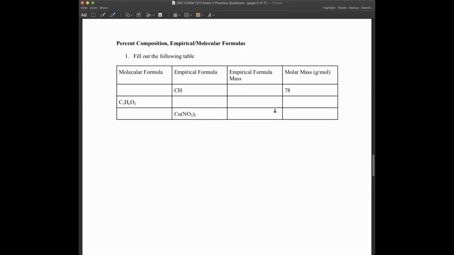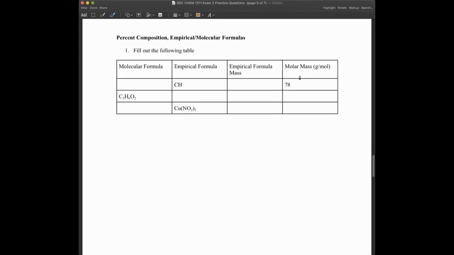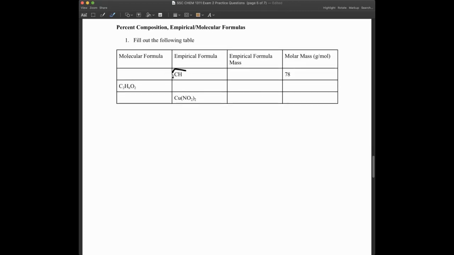So when we find the total grams of the empirical formula, what quantity does that give you? Does that give you the empirical formula mass, the molecular formula mass, or the molar mass? So when you find the mass of this, what is this called?